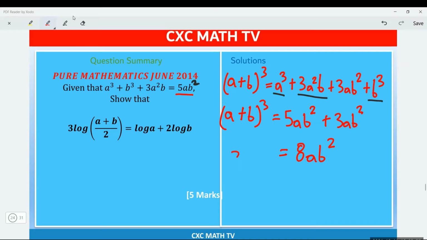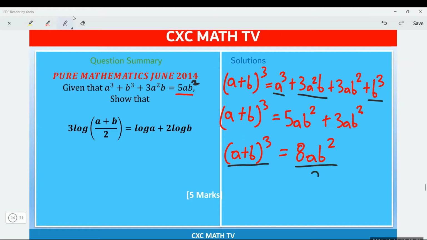So we get (a plus b) all cube is equal to 8ab squared. So now we can go ahead and take the log of both sides, or we can even simplify it further. You may wonder how. Look at this.